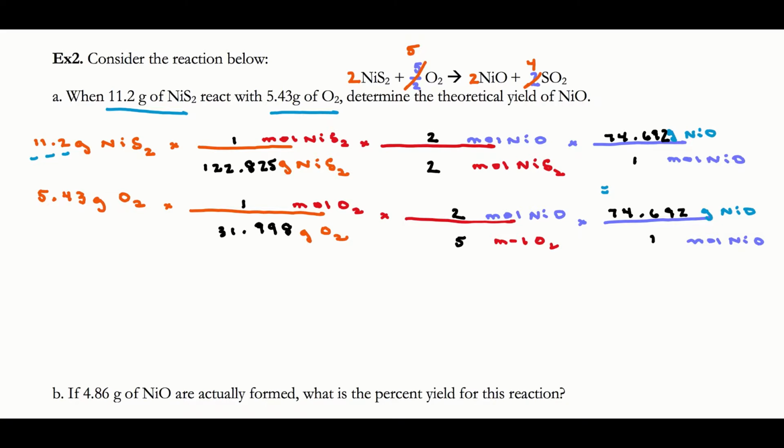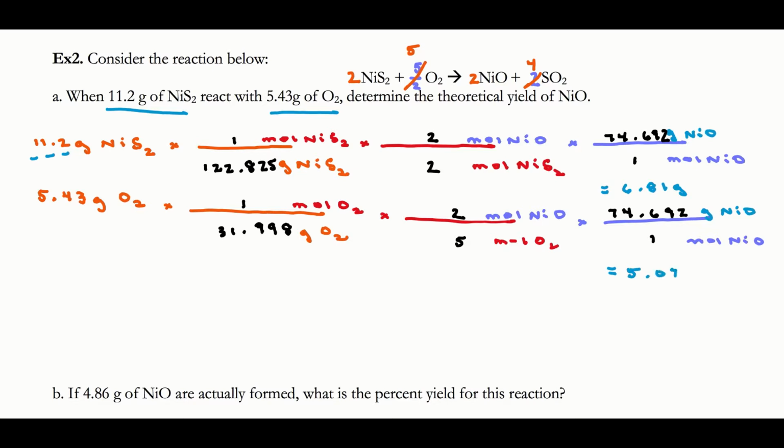So I get 6.81 grams of nickel oxide can be formed from the nickel sulfide that I'm given. For the oxygen, 5.43 divided by 31.998 times 2 divided by 5 times 74.692, I get 5.07 when I round to 3 sig figs. Okay?